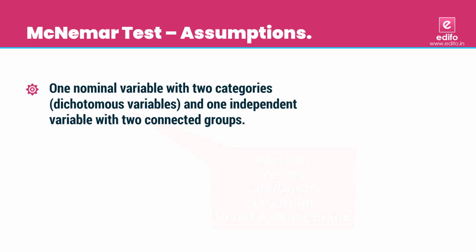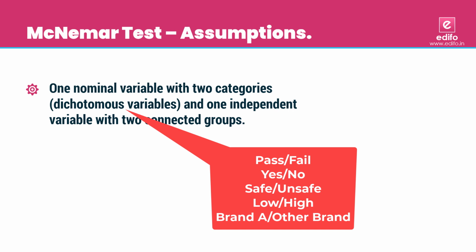For example, pass, fail, yes, no, safe, unsafe, low, high, like this. In our example, the dichotomy is two brands: Brand A, that's our brand, or other brand. Clear? Dichotomy means only two options to answer.